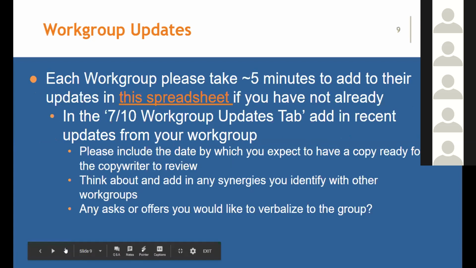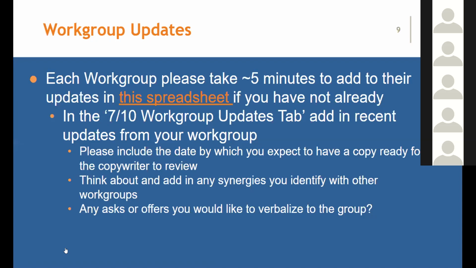This is Chelsea. We're going to talk again about our work group updates. I just chatted in the spreadsheet, and before we break out for 5 minutes for individuals to add and review the updates within the spreadsheet, there's also going to be a column where we are collecting dates for when you do expect to have a copy ready for the copywriter to review. It's okay if this date is an estimate.